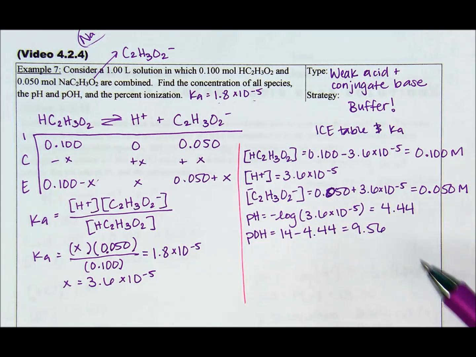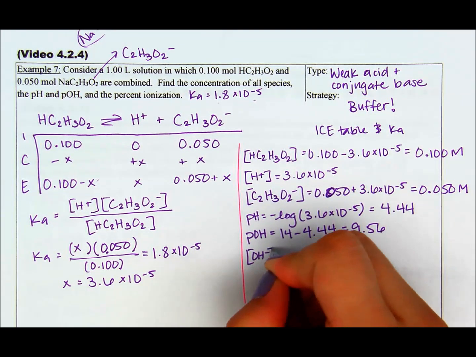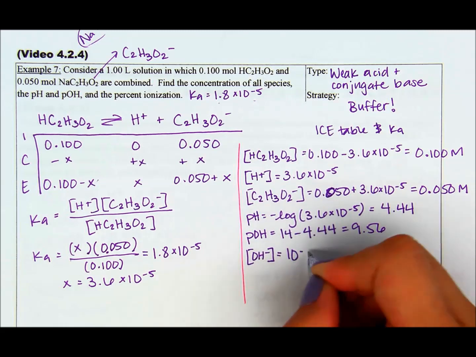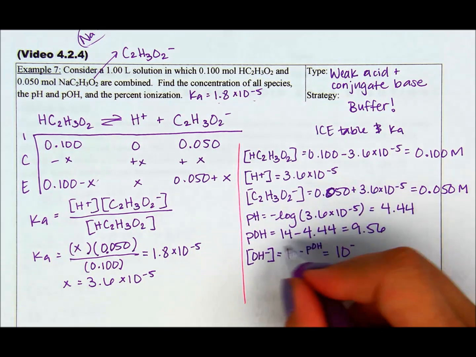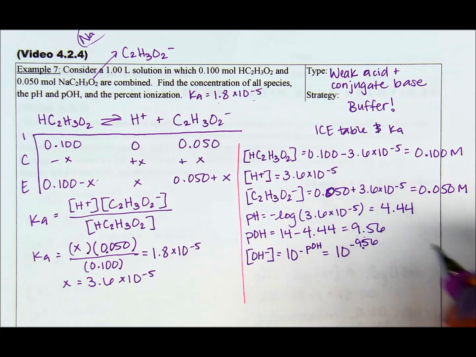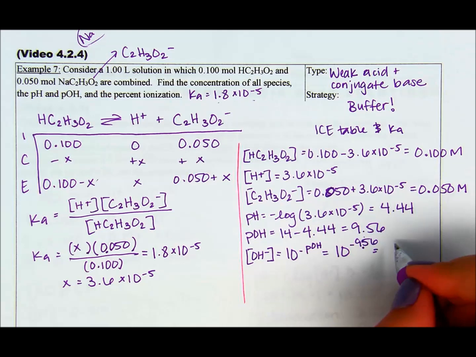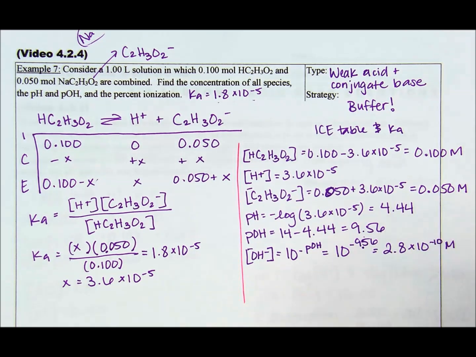So that's good. My pH and my pOH are both in the acidic ranges there. Concentration of hydroxide equals 10 to the negative pOH equals 10 to the negative 9.56, and that gives me 2.8 times 10 to the negative 10 molar.